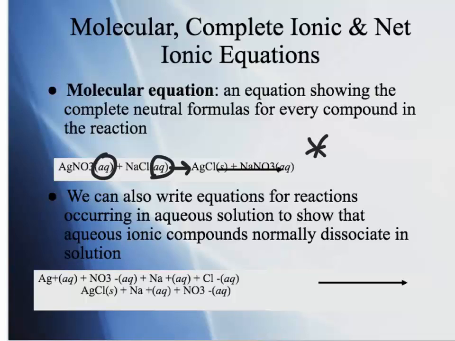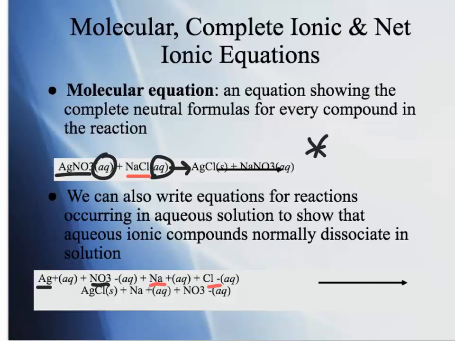So anytime we have an aqueous compound, we would write it out as the ions. Silver nitrate would be the silver ion written out, the nitrate ion written out. Okay, so Ag plus aqueous, NO3 minus aqueous. And because sodium chloride is aqueous, we would also write it out as Na plus for the sodium ion and Cl minus for the chloride ion.